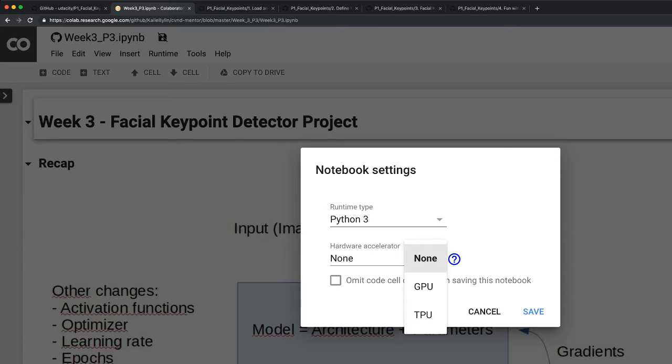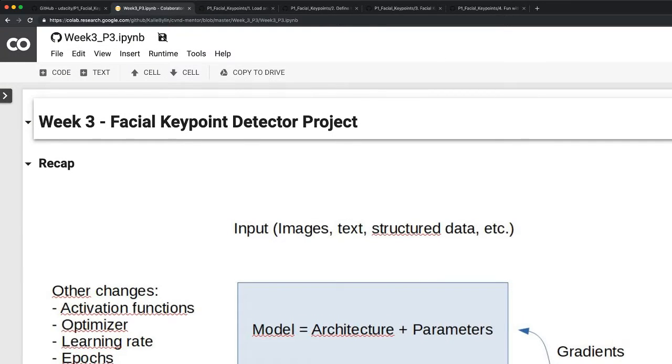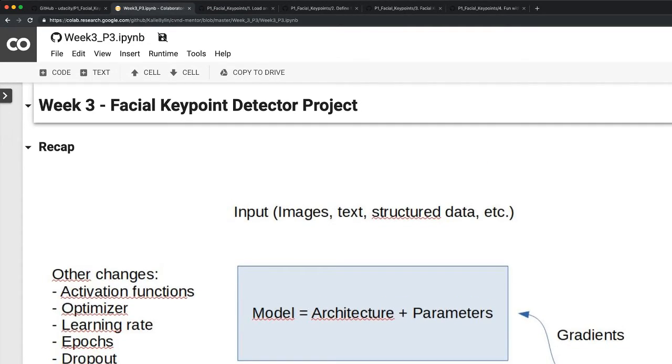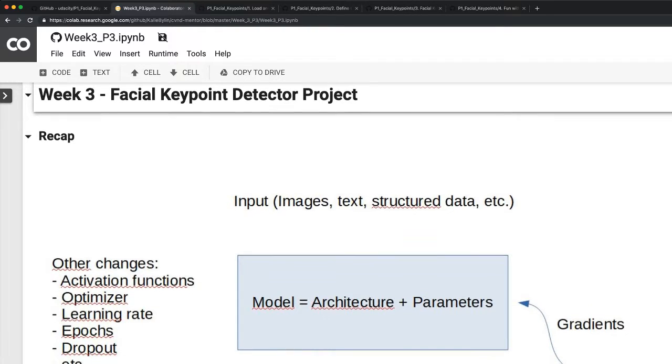I'm not going to turn it on right now because I'm not going to use it, and basically the first project you don't even need a GPU necessarily, so we're just moving on here. The look and feel is a bit different, but it works very similar to how normal Jupyter notebooks work as well.